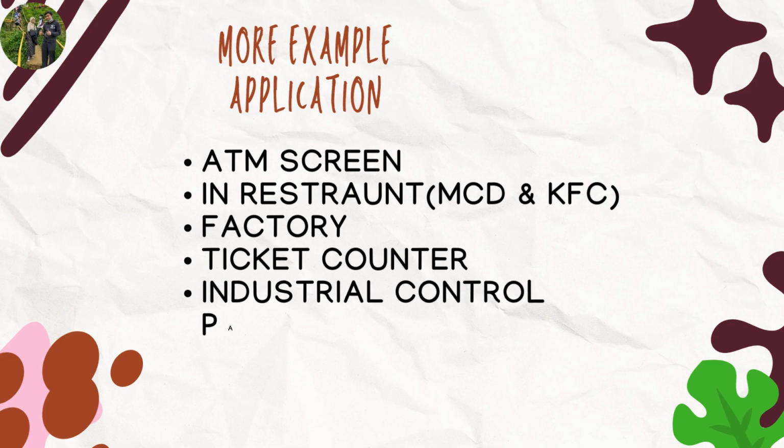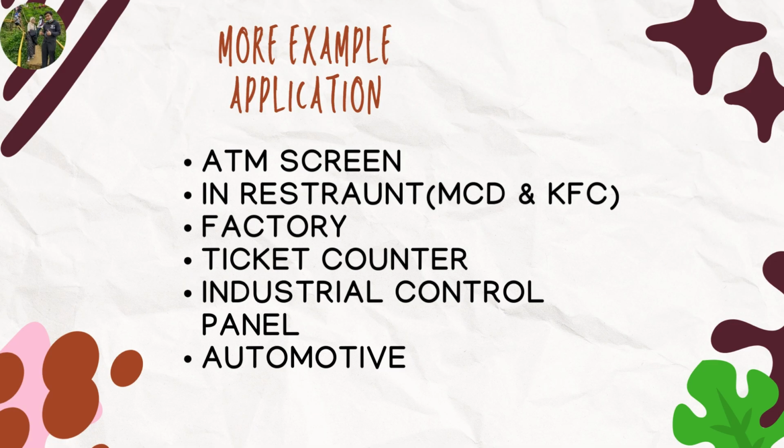And one more example application is the ATM screen, using a surface capacitive screen; they only have it on the side, not on the whole display. You can see it in restaurants also, where the child plays with their food.